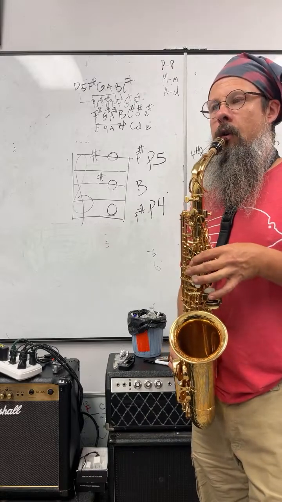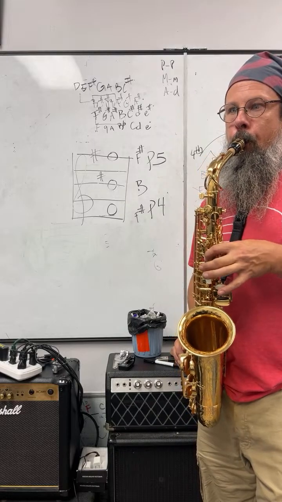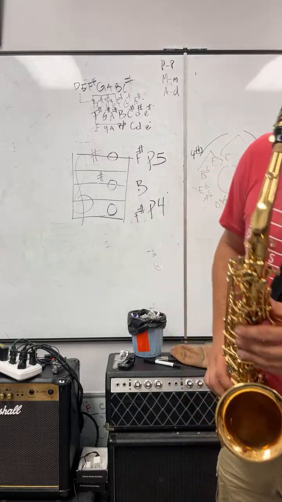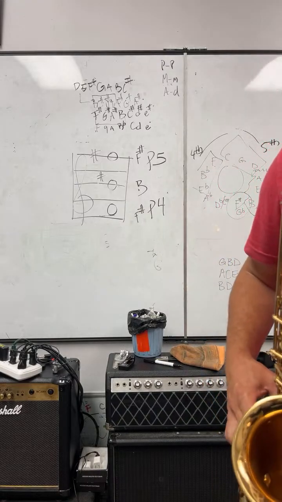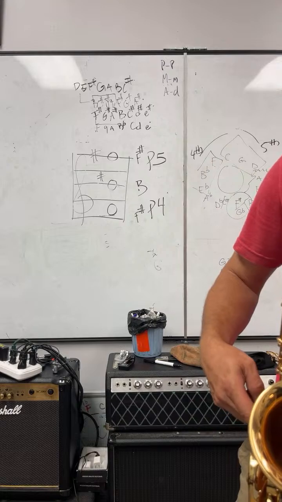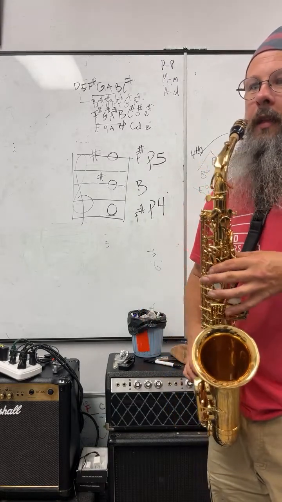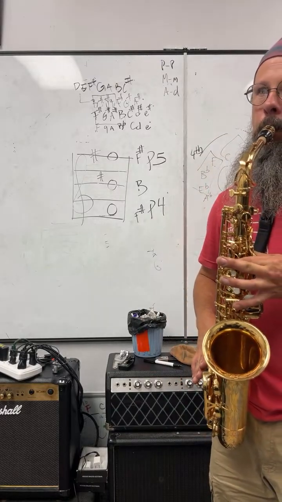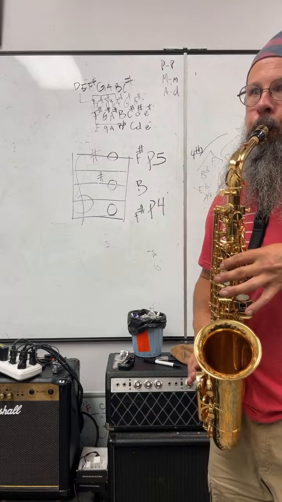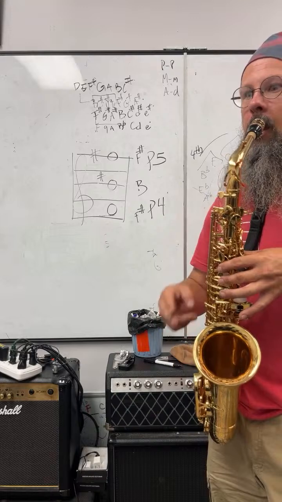Oh, try that for me. Do trills. Oh, cool. You did that? What are you doing down there? You're holding the middle? Yeah. Cool. Try that and do it with your side key, bottom F. Two fingers down.